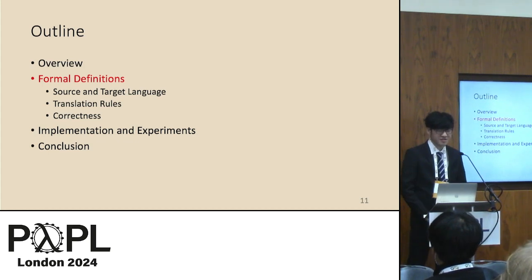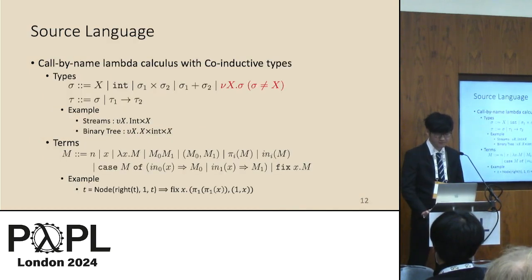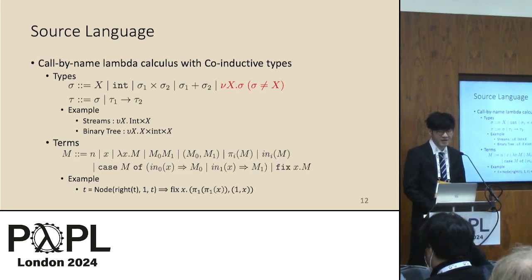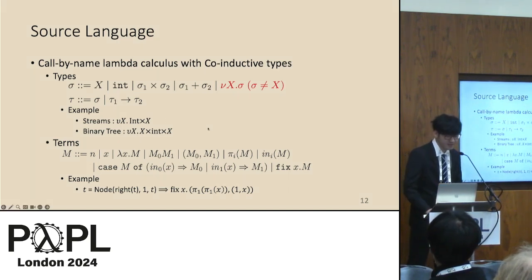Now let me sketch formal definitions of the source language, the target language, and the translation. Our source language is call-by-name lambda calculus with co-inductive types. The non-functional type denoted by sigma includes integers, products, sums, and recursive types. A co-inductive type is represented by a fixed point type denoted by nu.